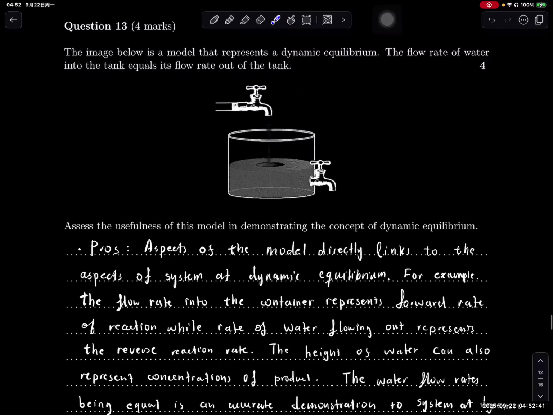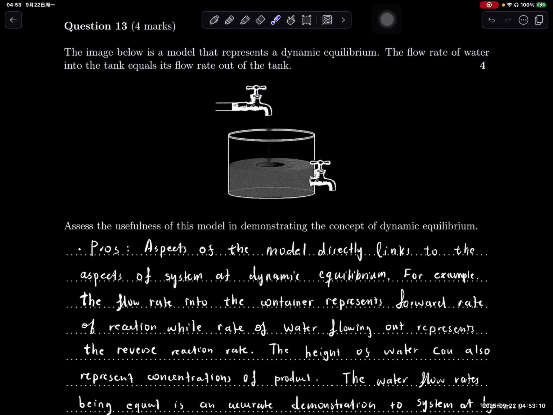The question says, be very careful about the wording, right? It says assess the usefulness of this model in demonstrating the concept of dynamic equilibrium. So we have to really assess the usefulness, okay? My logic here is to talk about pros and cons in two dot points. Talk about good things, talk about bad things, so that I'm really assessing everything, yeah? So a pro is that you can say the aspect of the model is directly linked to the aspect of the system, right?